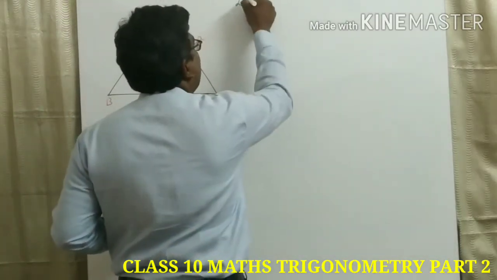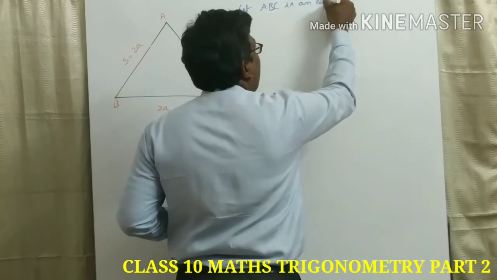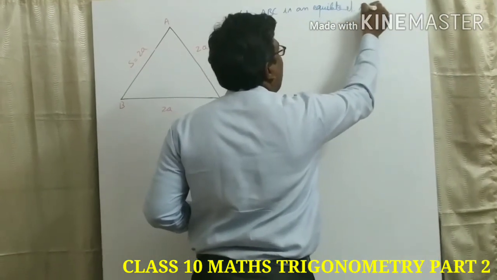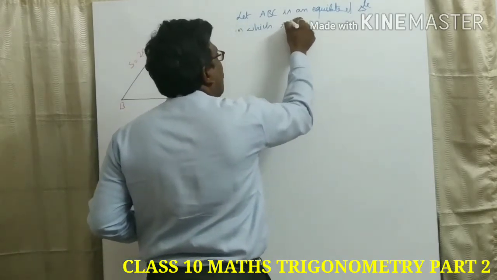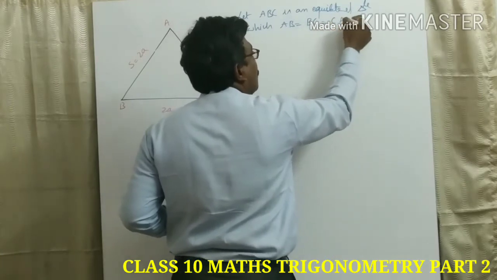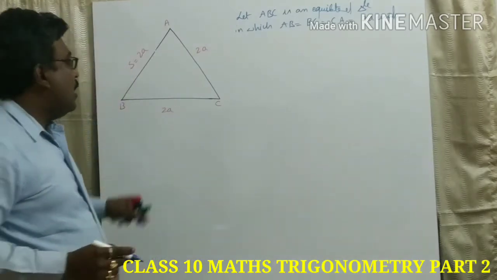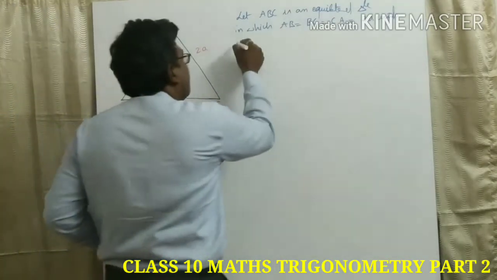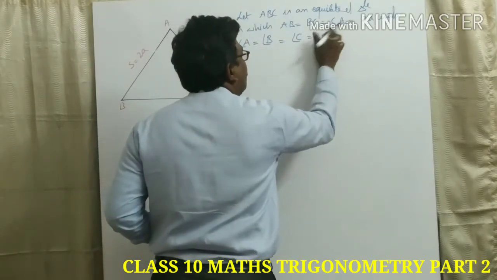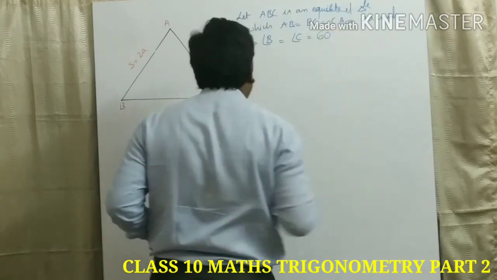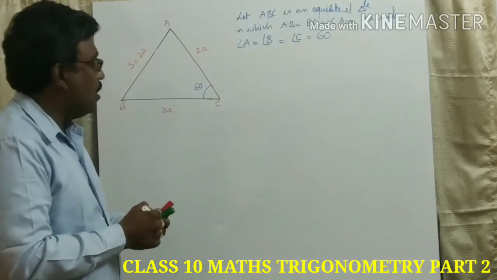Let ABC be an equilateral triangle in which AB is equal to BC is equal to CA is equal to 2A units. We know that each angle in an equilateral triangle, angle A, angle B and angle C, is equal to 60 degrees. Each angle in an equilateral triangle is 60 degrees.